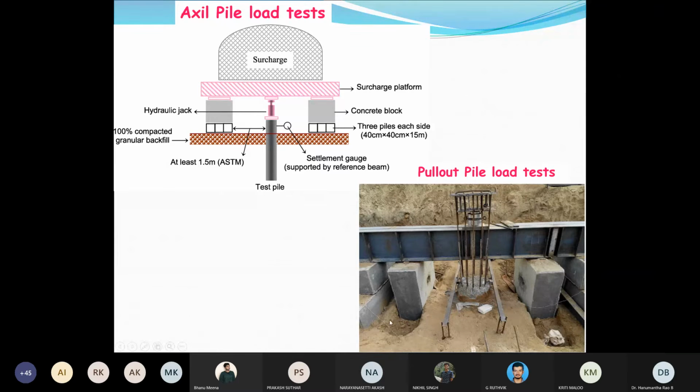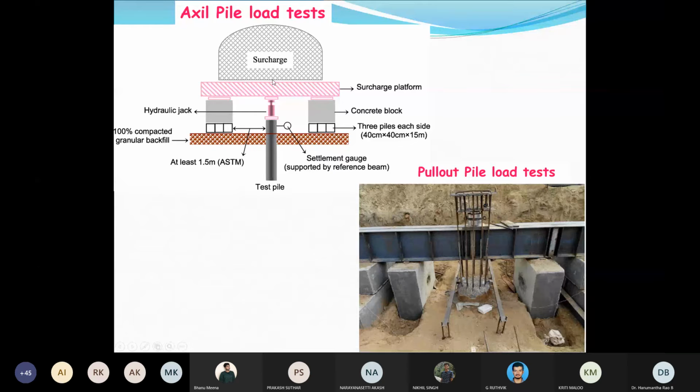Now how to distinguish between these two? If you look at the axial pile load test, an immense amount of surcharge load or dead load is kept on top of the pile. For example, here you can see there is a surcharge platform which is mounted on concrete blocks. These concrete blocks are resting on the ground.